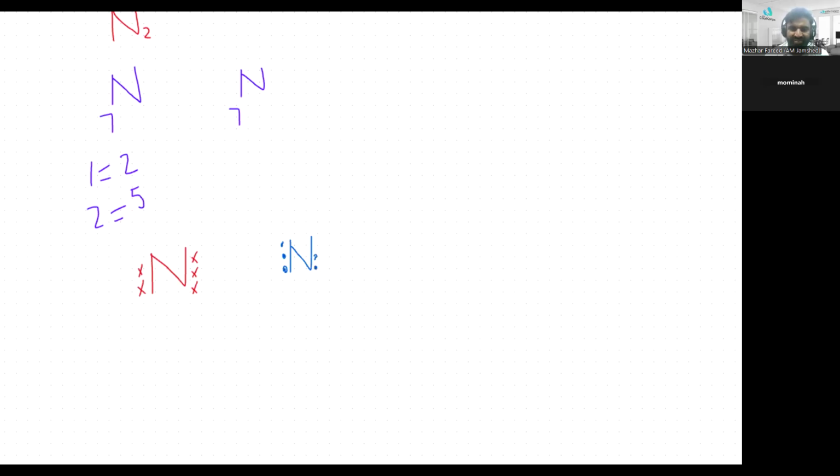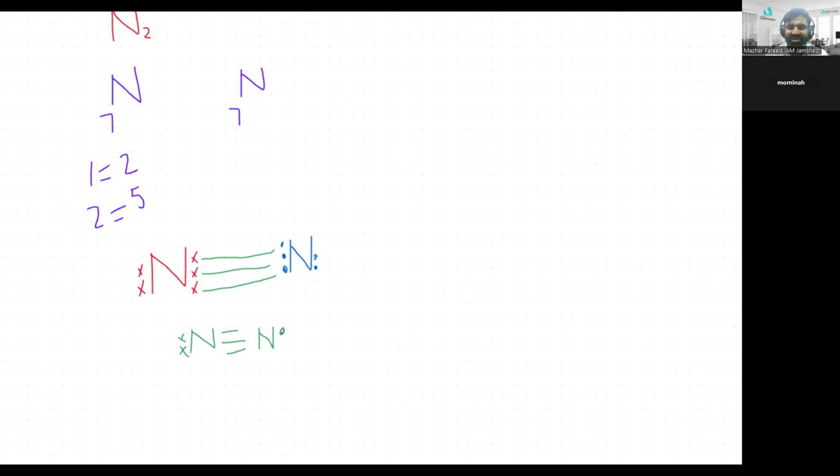So this cross is mutually shared with this electron, this cross is mutually shared with this, and this cross is mutually shared with this electron. So it means 3 covalent bonds are formed in the nitrogen molecule. Is it clear?